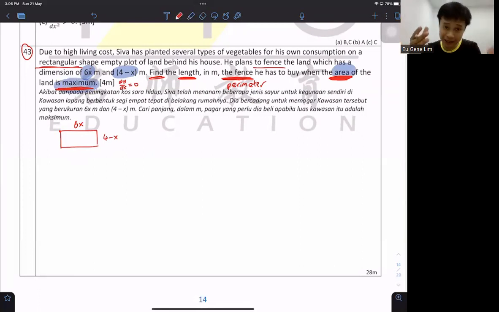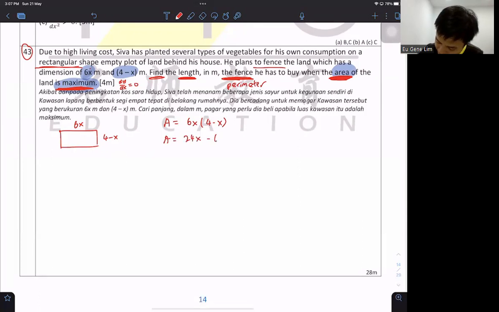So you think, what is area? Area is length times width, like this, 6x times 4 minus x. You go and expand it: 24x minus 6x squared. Then you can differentiate dA dx: 24 minus 12x.